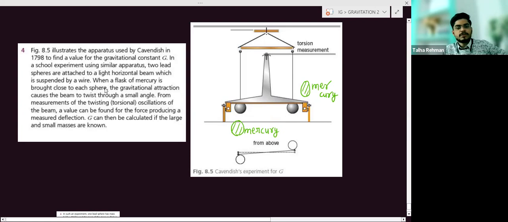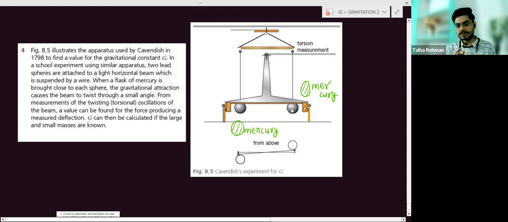When a flask of mercury is brought close to each sphere, the gravitational attraction causes the beam to twist through a small angle. So what will happen? This mercury is near this lead ball, and mercury also has a mass, and this sphere also has a mass.